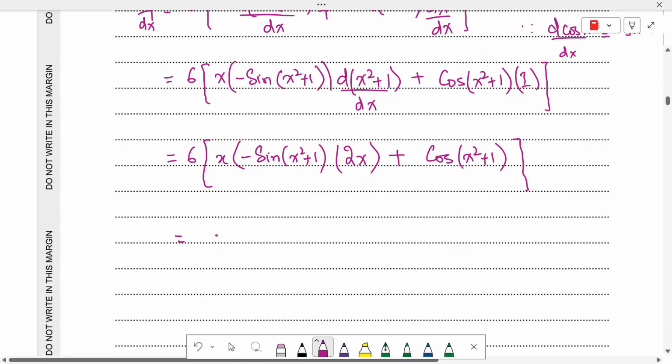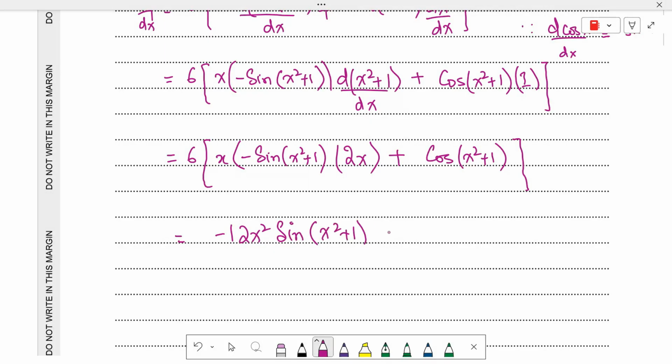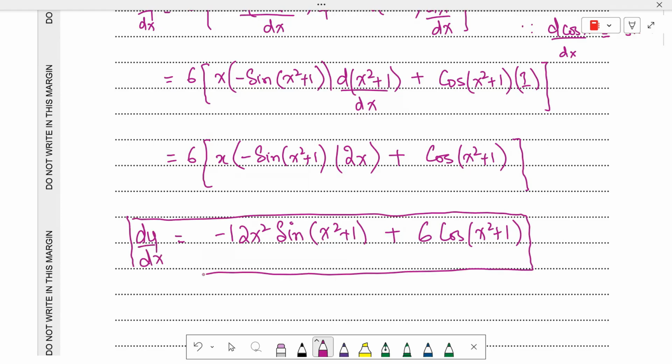So we will have negative 12x squared sine of (x squared plus 1) plus 6 times cos of (x squared plus 1). So this is the required expression of dy over dx.